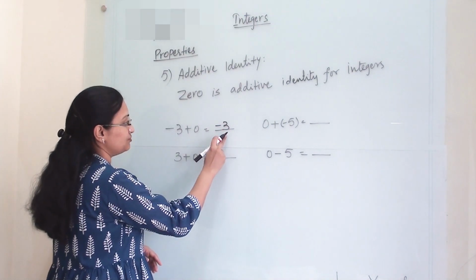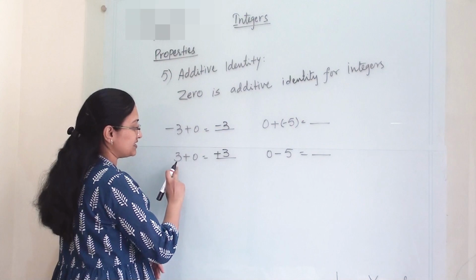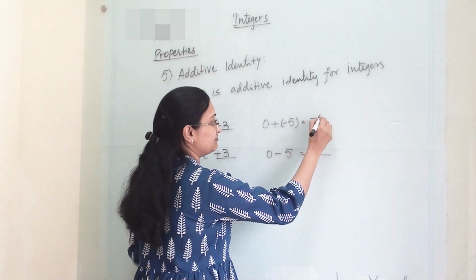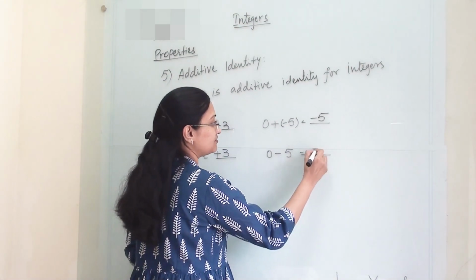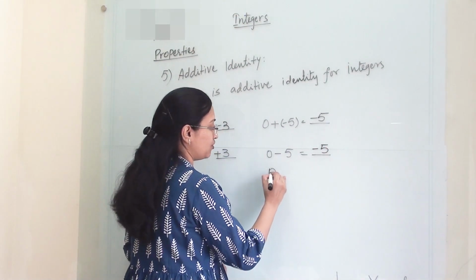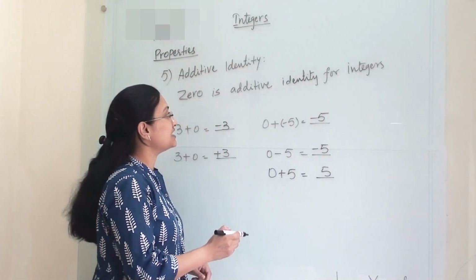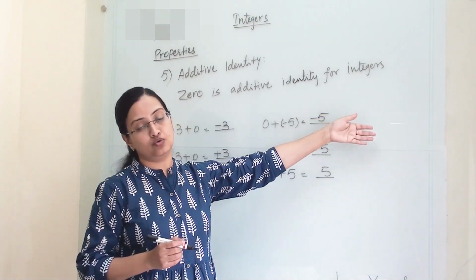Minus 3 plus 0, we will get minus 3. 3 plus 0, we will get plus 3. 0 plus minus 5, we will get minus 5. Or 0 plus 5, we will get 5. So 0 is additive identity for integers as well as for whole numbers.